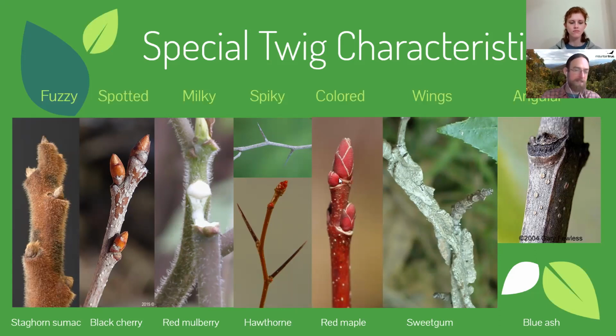We can use all of our senses when we're doing plant ID or tree ID. So for example, with black cherry, if you break that twig and smell it, you're going to get that burnt almond smell from the cyanide in the cherry. Birch, particularly sweet birch or black birch, you break those twigs, you're going to smell that root beer, that birch beer flavor. Some of them, you can taste.